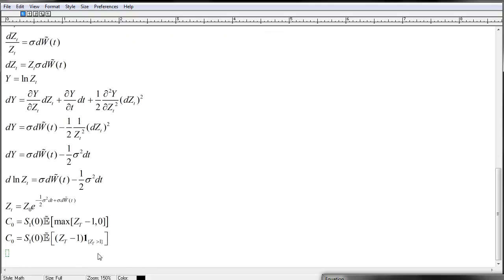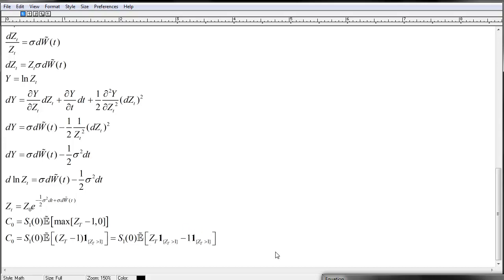I can, however, rewrite this term. Firstly, I distribute the indicator function, so it will be like that and like that.